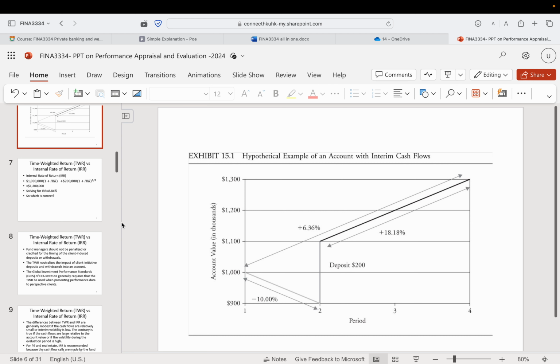But since there is a cash inflow, in the first period it is down 10%, and then after injecting 200,000, it becomes up to that level. So this is how we calculate the time-weighted return.